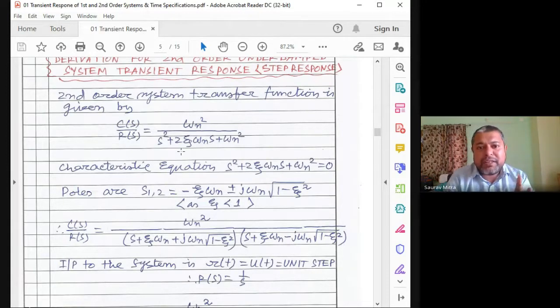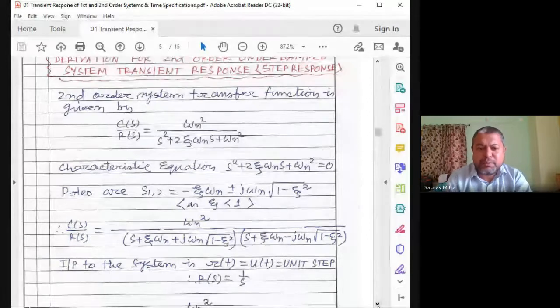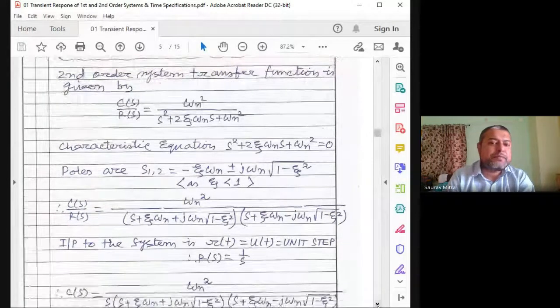So I'm actually doing it for the generalized second order transfer function. Any second order system, let it be RLC, MBK, hydraulic, pneumatic, any system, the second order transfer function and its step response proof will be the same. Only the formulas of zeta and omega n will change.